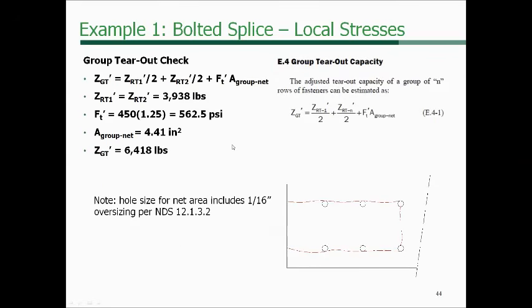Then the group tear out is kind of a combination of the two that we've already looked at. In this case, we're looking at the net section tension between these bolt rows, and then the shear line that would form along the length here. So think about this for a second. The closer you space these rows together, the less tension capacity you end up with right here at this location.